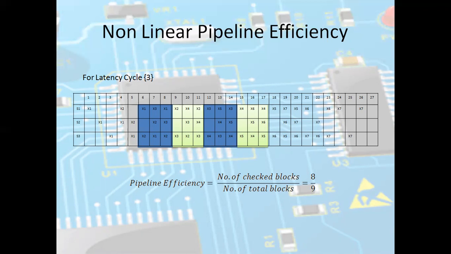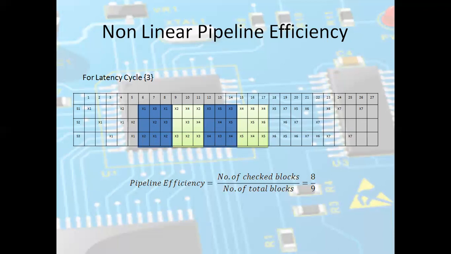The occupied blocks are 8 and the total blocks are 9. So pipeline efficiency is represented by 8 divided by 9. Similarly, if we look at columns 12, 13 and 14, a similar condition is there.